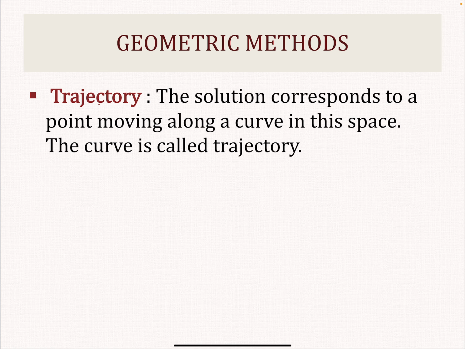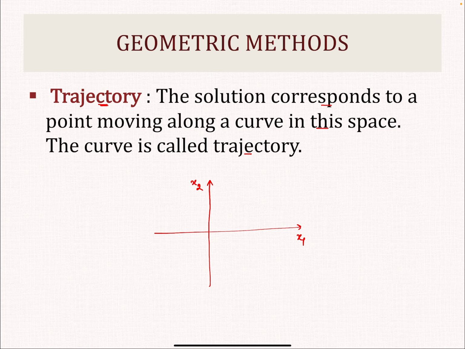Now another term is the trajectory. These solutions correspond to a moving point along a curve in this space, which is called the trajectory. So previously we have seen the phase space. Let's say this is the phase space, x1 and x2.